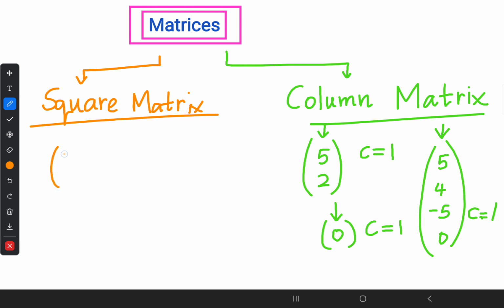So here I'll use 1, 5, -3, 7. How many rows? 1, 2. There are 2 rows. How many columns? 1, 2. There are 2 columns. So this is a square matrix.